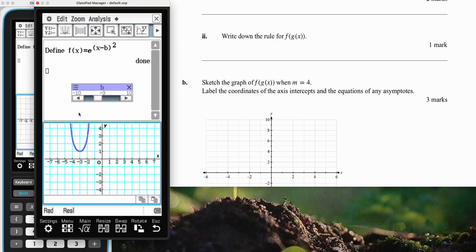Let me just find my notes. Nearly there. That's the one. Okay. So the rule was this.